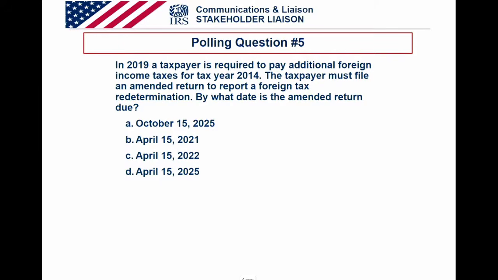Answer B for April 15, 2021. Answer C for April 15, 2022. Or D for April 15, 2025. I want you all to take a moment and click the radio button that best answers the question. Now, if you do not receive the polling question, please enter only the letter A, B, C, or D that corresponds with your response in the Ask Question text box. Your response is timestamped. I'm going to give you guys a few more seconds to make your selection or submit your answer in the Ask Question feature.